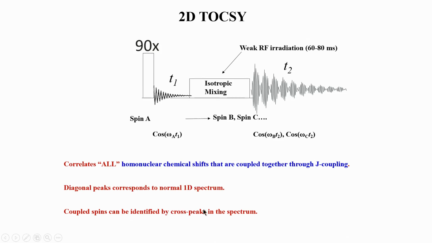Of course, if A to B is 3 bonds, that interaction will also be there in COSY. So, as far as near neighbors are concerned, meaning 2 hydrogens which are only 3 bonds away, they will have a similar correlation as in a COSY. But those which are far away, that correlation is not there in COSY, but will appear in the 2D TOCSY spectrum.